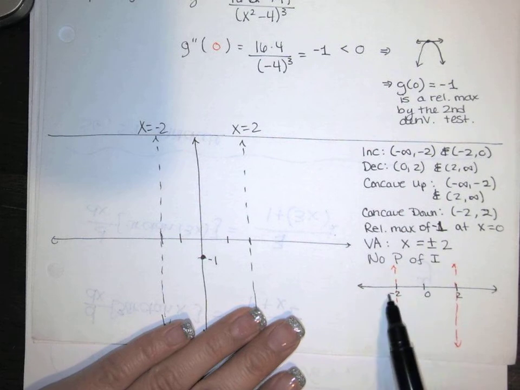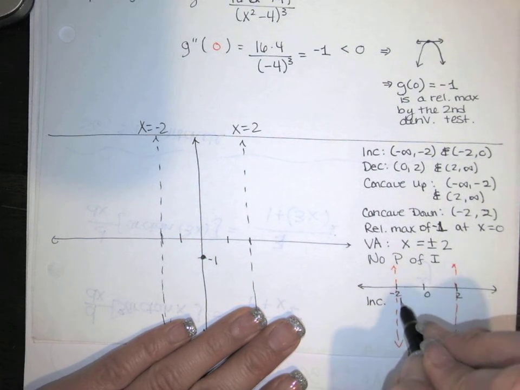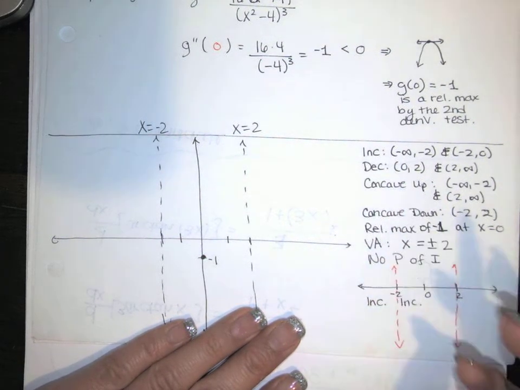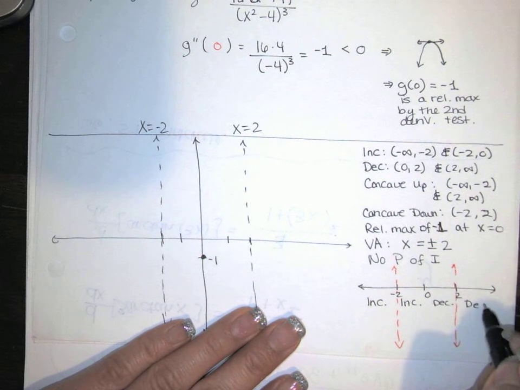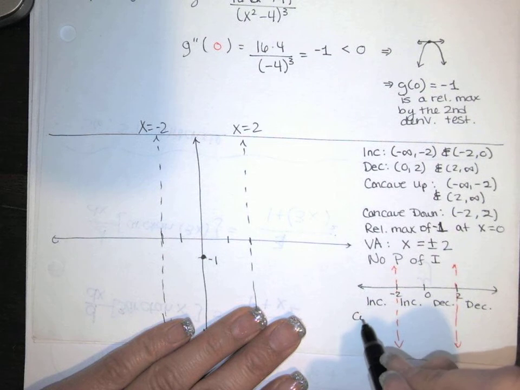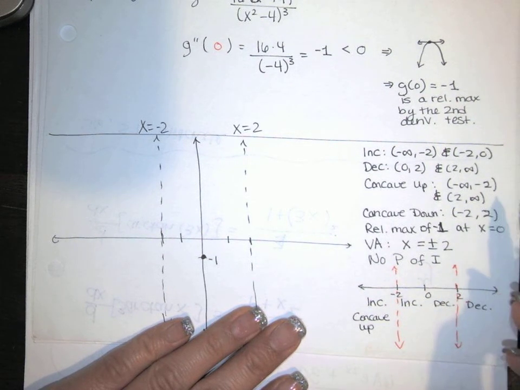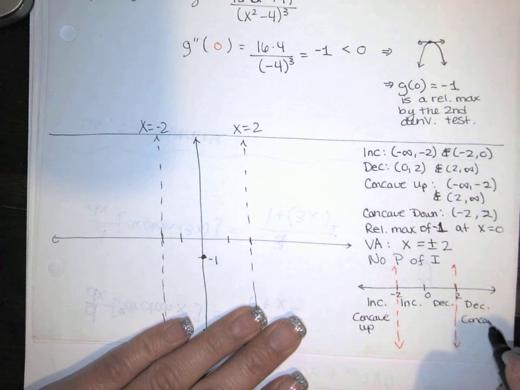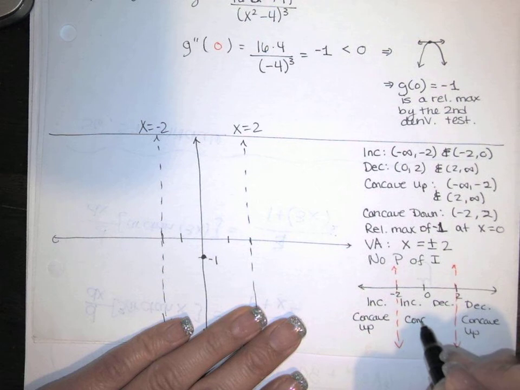On this first interval, the function's increasing. And then -2 to 0, it's still increasing. 0 to 2, it's decreasing. 2 to infinity, it's decreasing. It's concave up on this interval. And it's concave up on 2 to infinity as well. And on -2 to 2, the graph is concave downward.